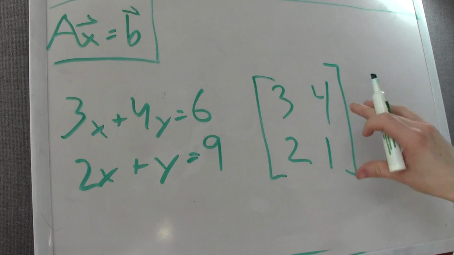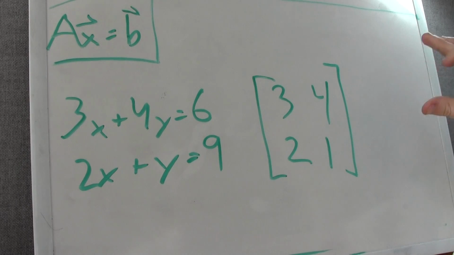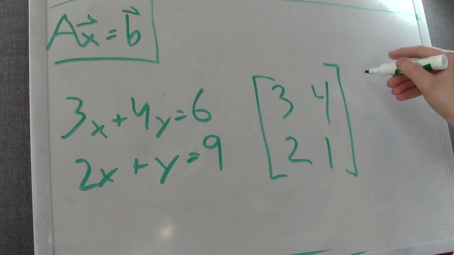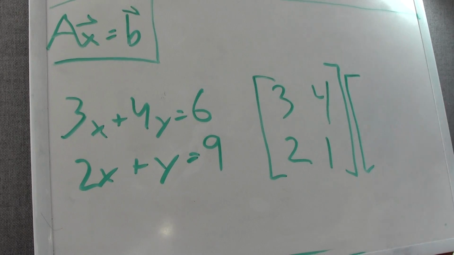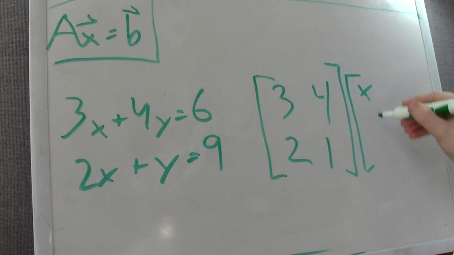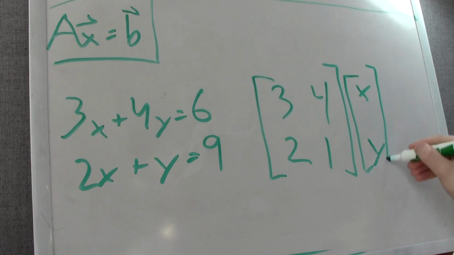We're putting this in something called a matrix. A matrix is just a box of data that makes it really easy to visualize the numbers. And then we took out the x and y, so we have to make sure that they're still in. So, another matrix with x and y.